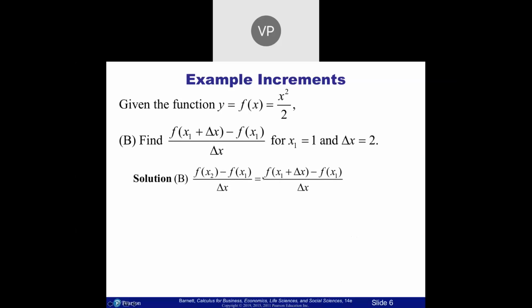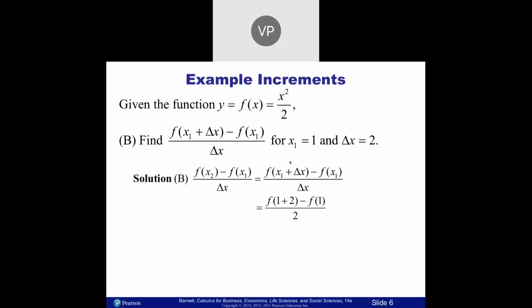So these are exactly the same, just showing you 2 different things here. Now we start plugging things in here. And the trick is, it looks like not many variables, but there's lots of different things. x is a variable, x1, x2, y1, y2, delta x, delta y, f of x1, f of x2. There's so many things out there. So you can't just start throwing numbers in and substituting.